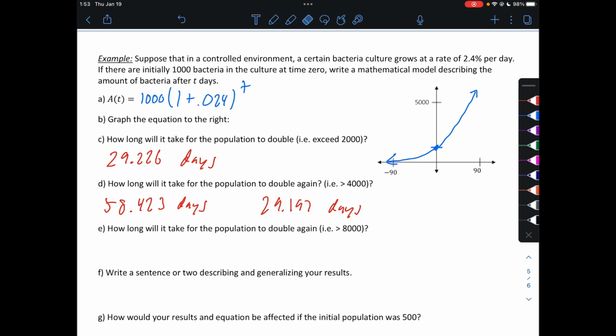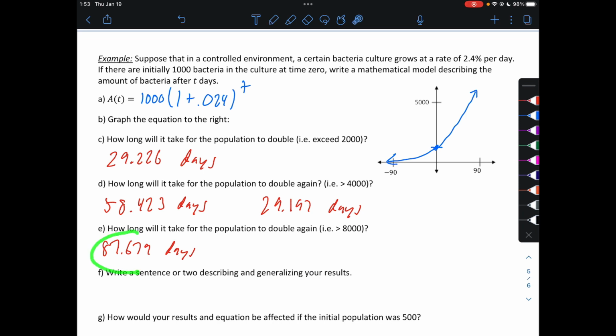And one more time, second trace, intersect. Scroll all the way over until you get on top of that intersection point. And I'm getting 87.679 days.